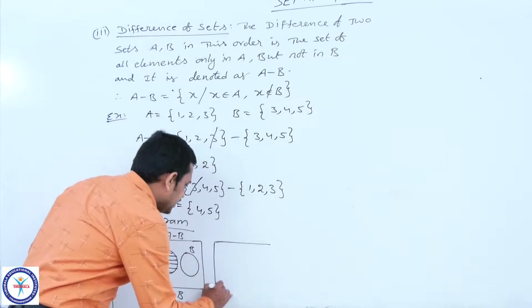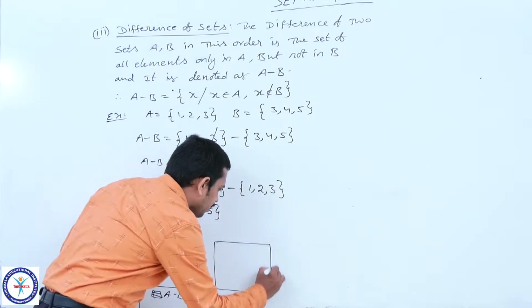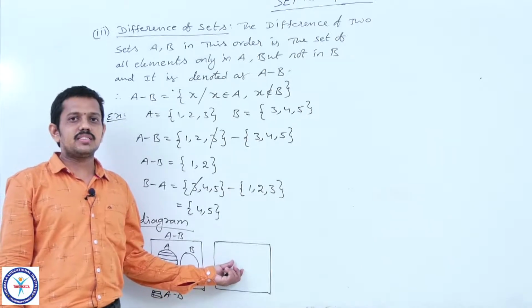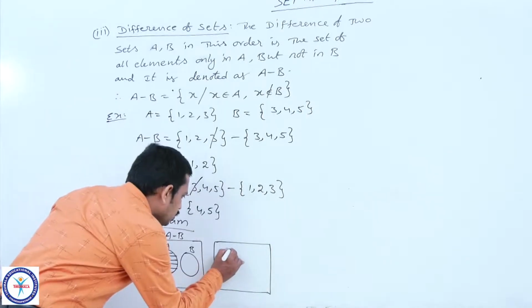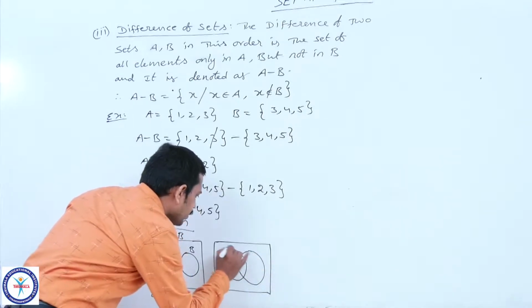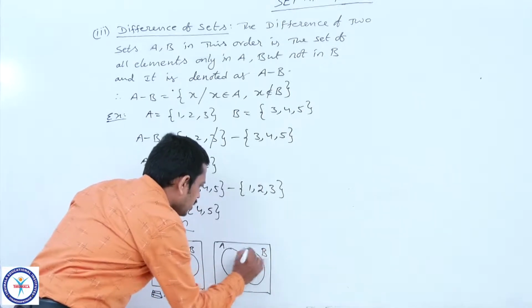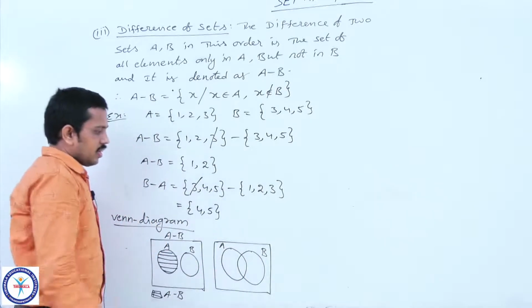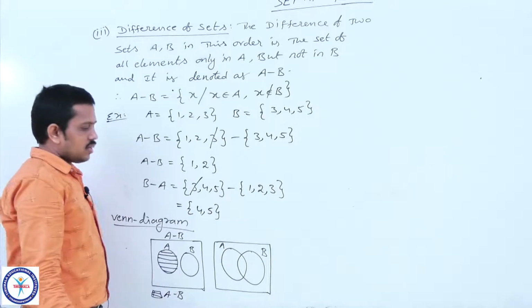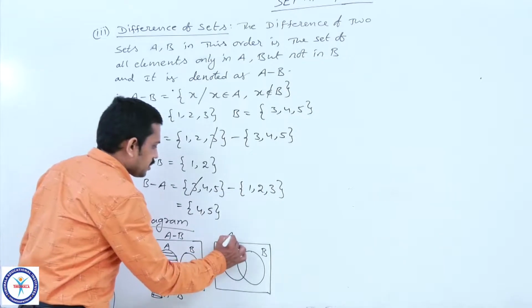Suppose there exists a common element in A and B, meaning A intersection B is a non-empty set, then the two sets will be overlapping diagrammatically. Set A, set B, both are intersecting. Here the intersection part is the common part. Now what is A minus B?